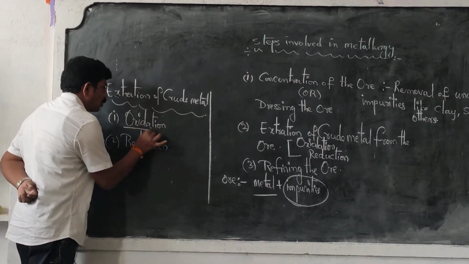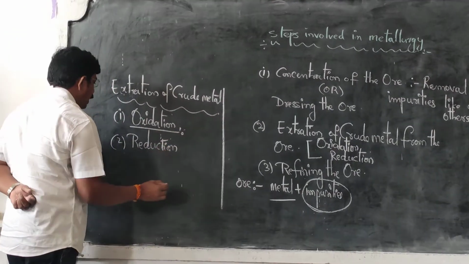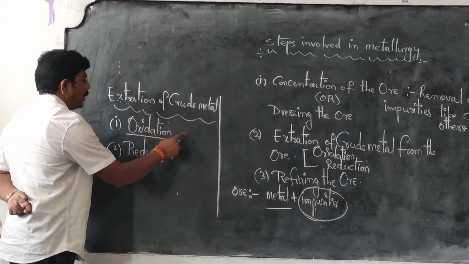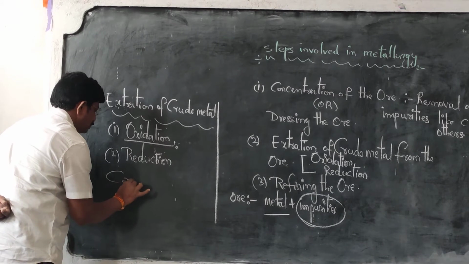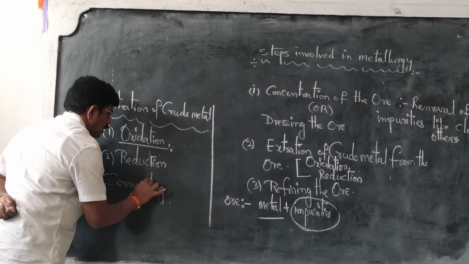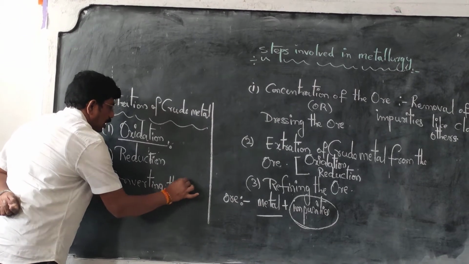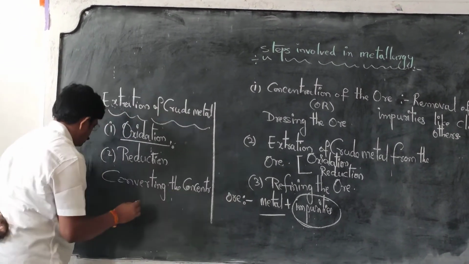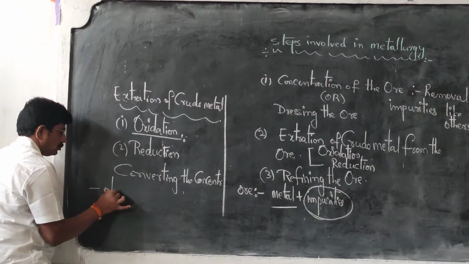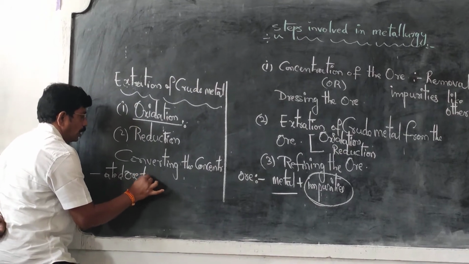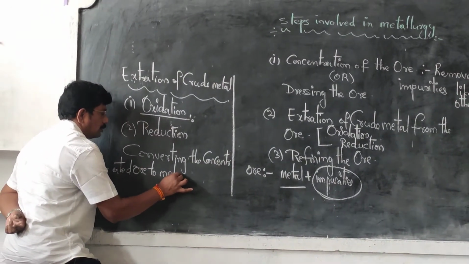In the oxidation process, what you are doing? You are converting the concentrated ore to metal oxide.